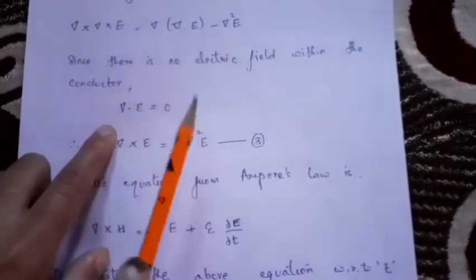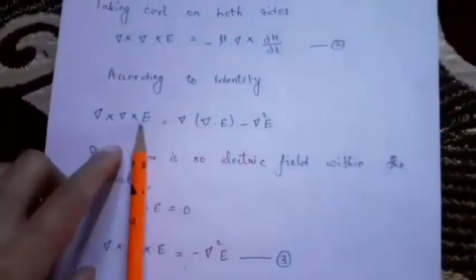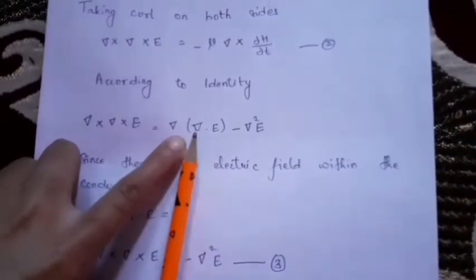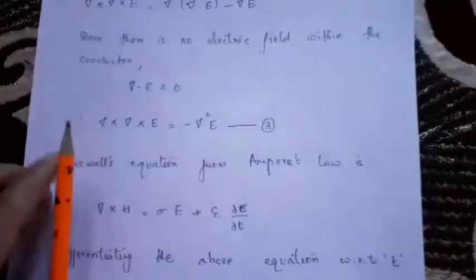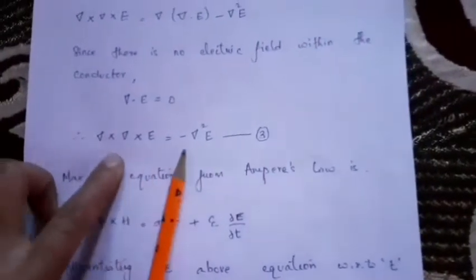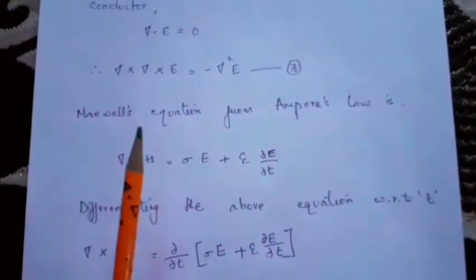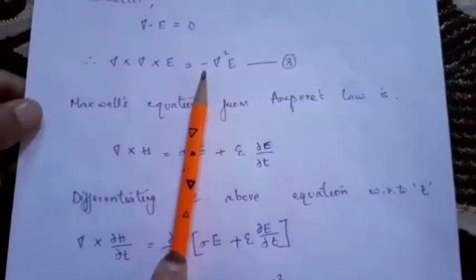So in this equation, the term del dot E will become 0, and the equation becomes: therefore del cross del cross E equals minus del square E. Consider this as the third equation.